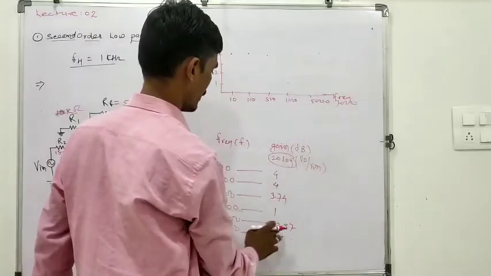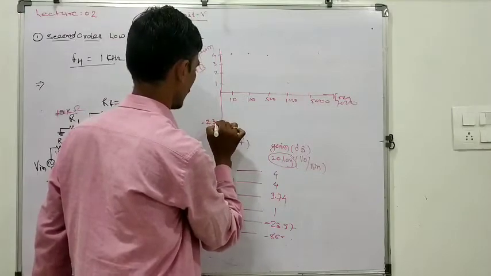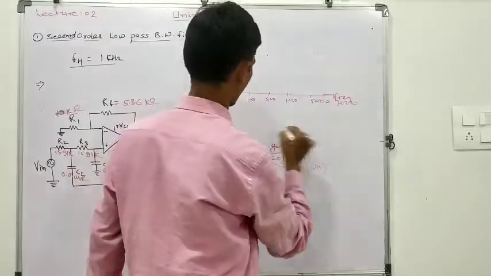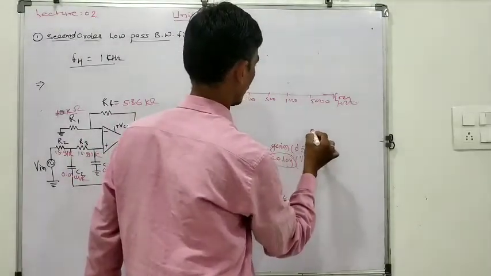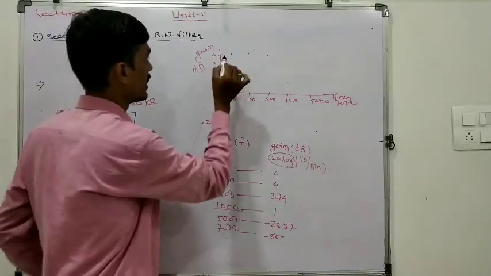For 1000 we are getting the gain equal to 1. Okay. For 5000, minus 23.97, somewhere here. So if we join all these points, we get the curve like this.